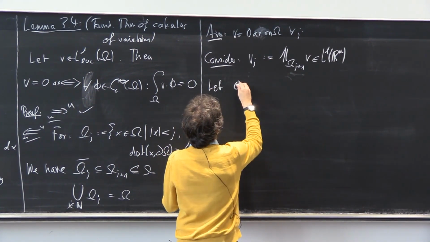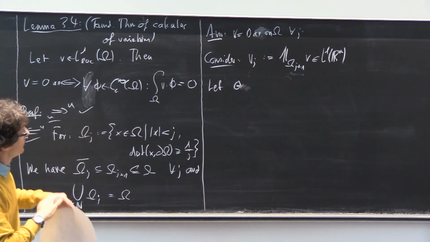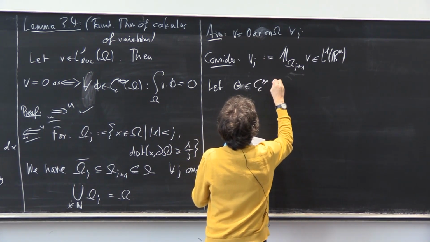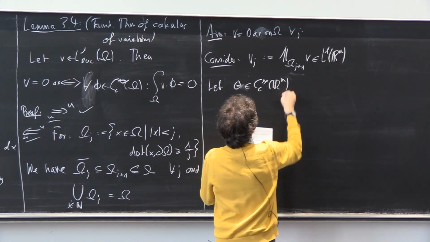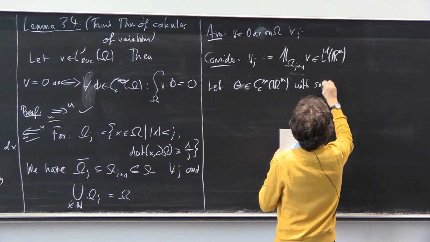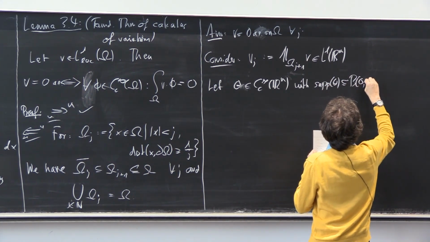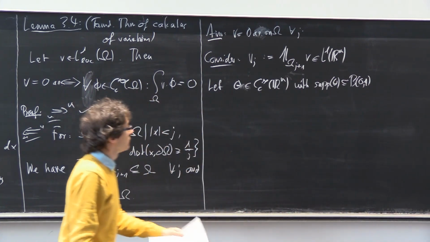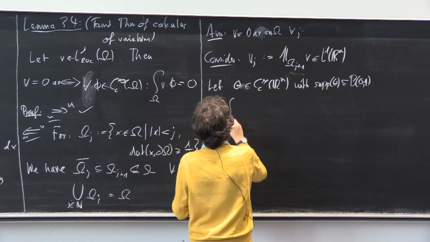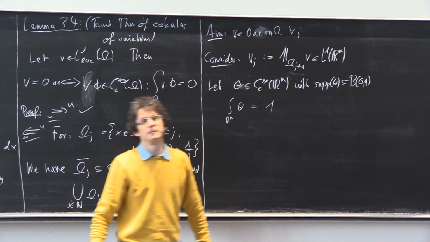Now take some function theta, so we will construct a mollifier to flatten out things. So take some function theta that is a test function on the whole space with a support contained in the unit ball, B01, the ball around 0 with radius 1, and normalized in such a way that if you integrate theta over all of Rn, you get 1.